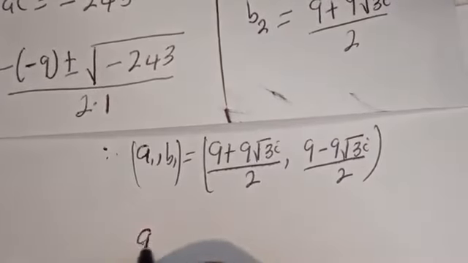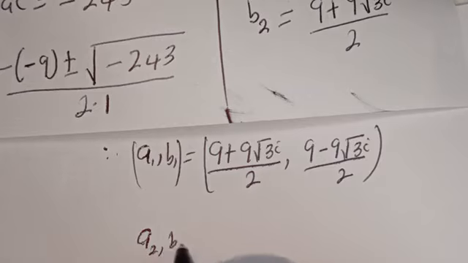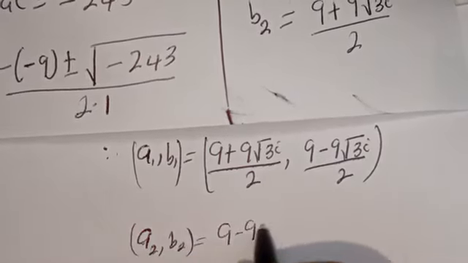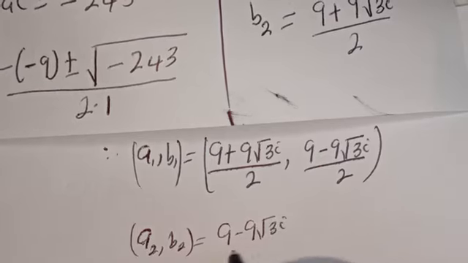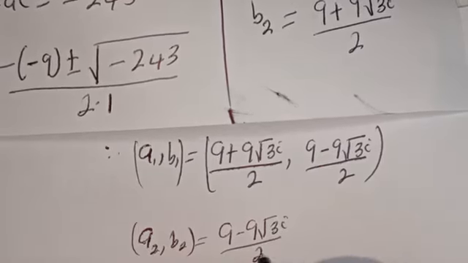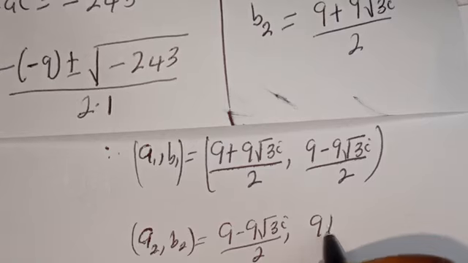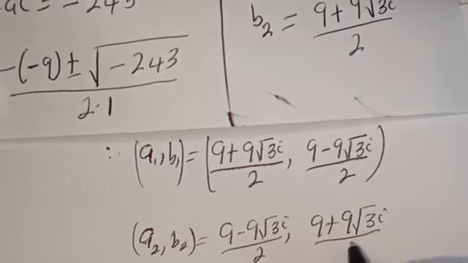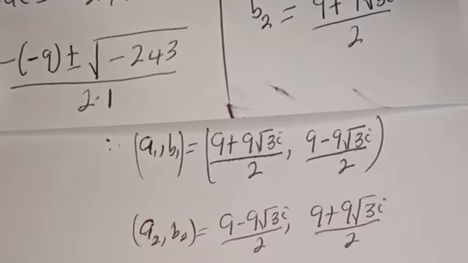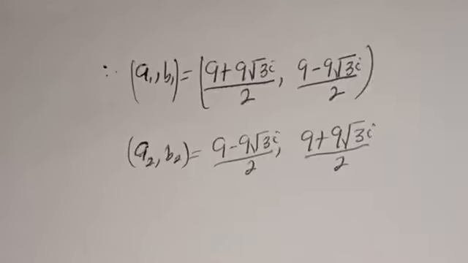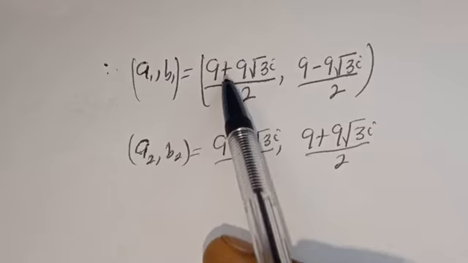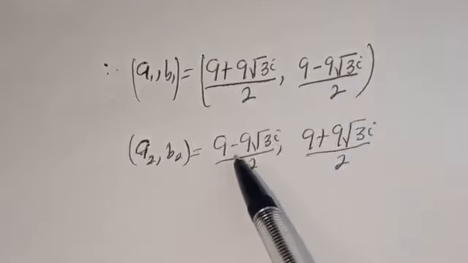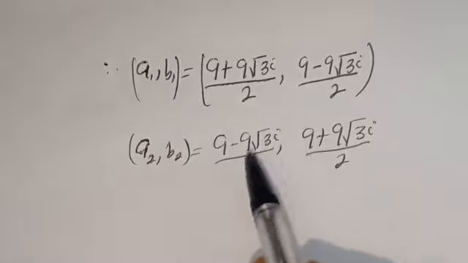Then a2, b2 is equal to 9 minus 9 root 3i divided by 2, 9 plus 9 root 3i divided by 2. We can see that a1 here is equal to b2 here, and then b1 here is equal to a2 here. We can check to confirm if this answer is right or wrong.